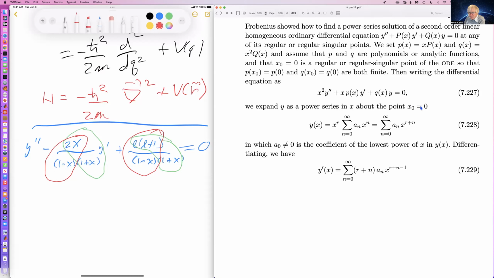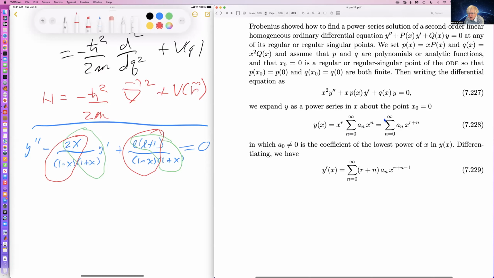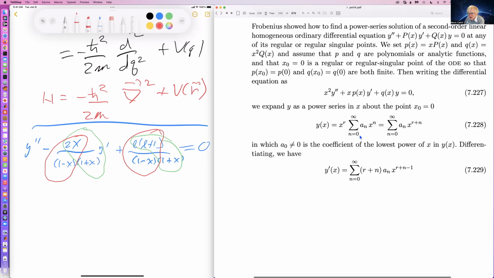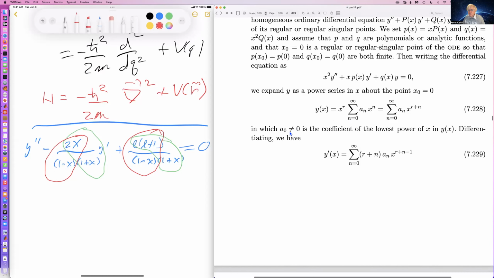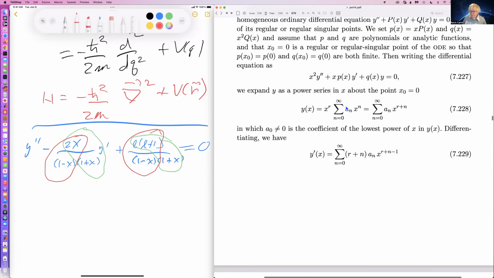And to make things simple, we're going to expand about the origin, x equals 0. So we're looking for a solution like this. You can write it as y of x equals x to the r times the sum of a_n x to the n starting at 0, or you bring the x to the r inside, you get that. And of course, one assumes that a sub 0 is non-zero, otherwise you'd pull one of the x's out and have r plus 1 here.